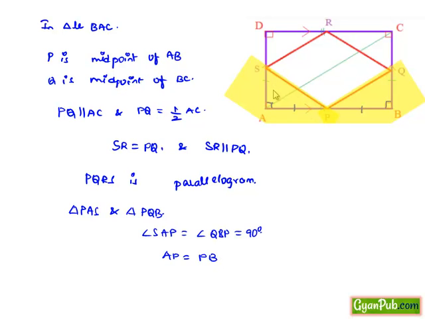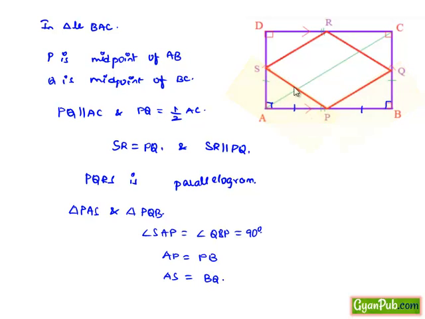Now, as ABCD is a rectangle, AD is equal to BC, and as S is the midpoint of AD and Q is the midpoint of BC, we can say here AS is equal to BQ.